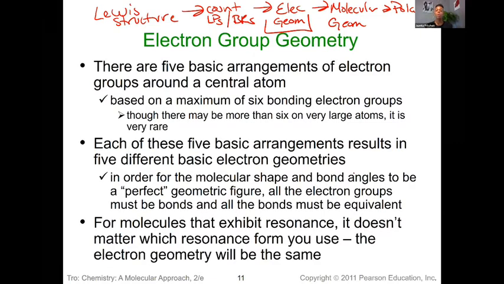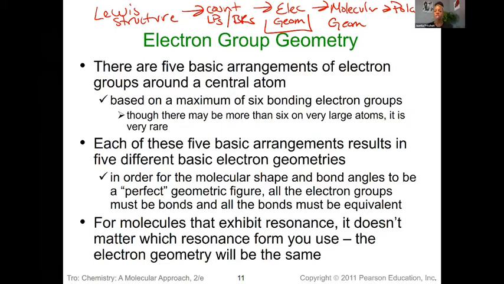So what we're going to do first is predict what's called the electron geometry of the molecule. I've written out a little schematic here that you really want to remember. Our progression when we tie in chapter 9 information in chapter 10 goes as follows. If you're not given the structure of a molecule, your first objective is to draw the Lewis structure. If you don't remember how to do that, go back to my chapter 9 videos to see how we go about drawing Lewis structures.